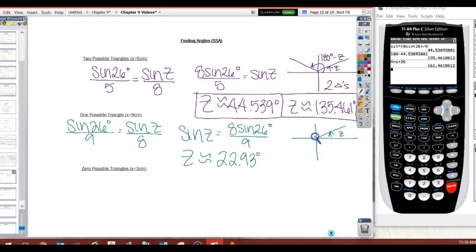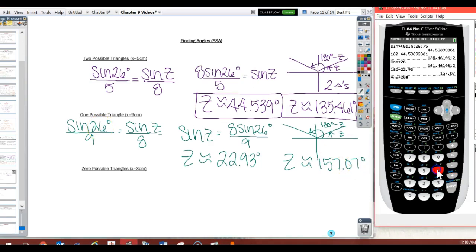This is angle z. This would be the obtuse option. We need to take 180 minus angle z to find the other possibility. So I'm going to take 180 minus the 22.93, and I end up getting 157.07 degrees. Before we accept this answer, I'm going to add it to the other known angle that's already set.